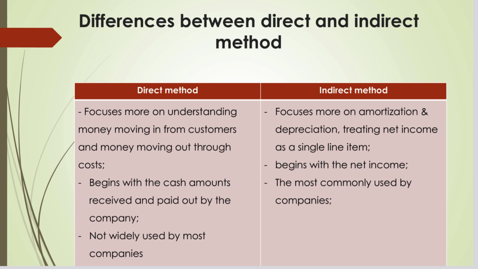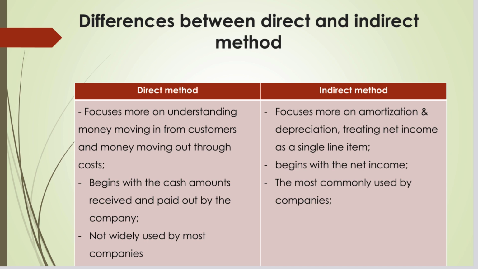So in this table, we will take a look at the differences between the direct and indirect methods. In the direct method, we focus more on understanding money moving in from customers and money moving out through costs or suppliers. But in the indirect method, we focus more on amortization and depreciation and treating net income as a single line item.